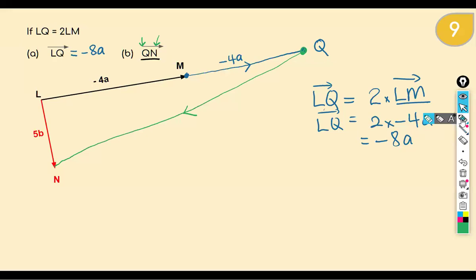Think of each letter as a town. You're starting at town Q, town M, town L, and town N. How can you walk from town Q to town N? Take a minute.